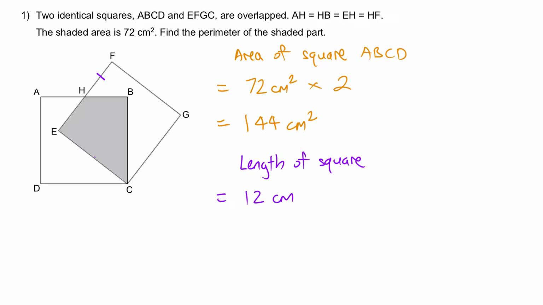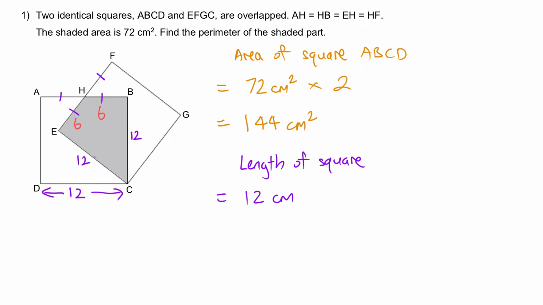Given that right now we know that the length is 12, are we able to figure out the perimeter of the shaded part? So this is 12, this is 12, and given that earlier we mentioned that they are equal in length, this must be 6 and this must be 6. So this is 6 centimeter, 6 centimeter.